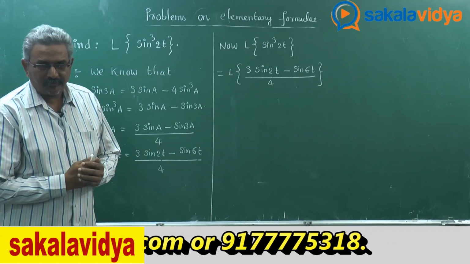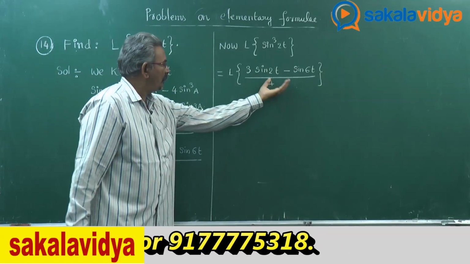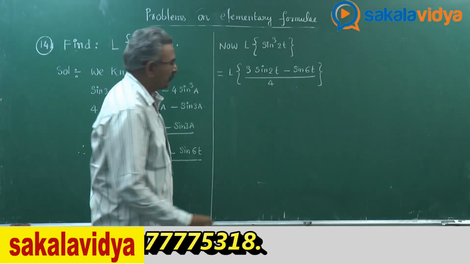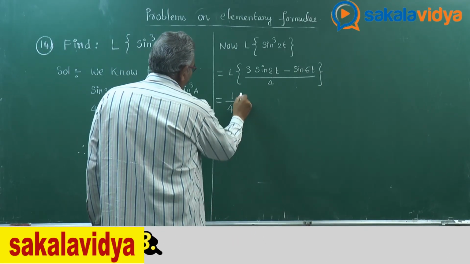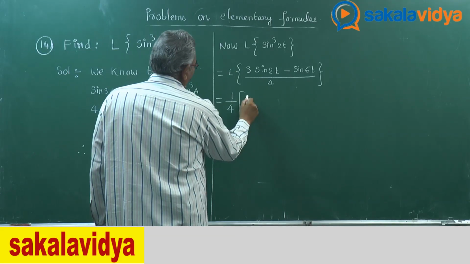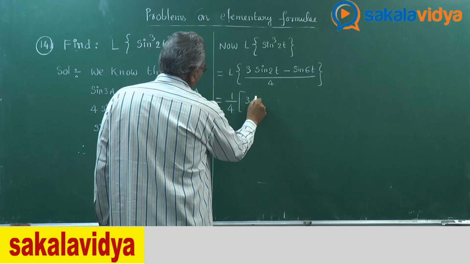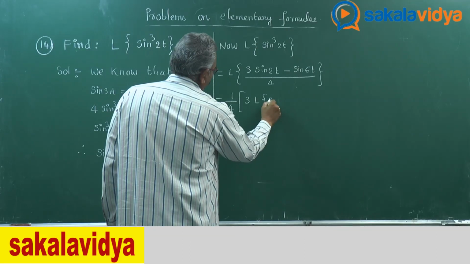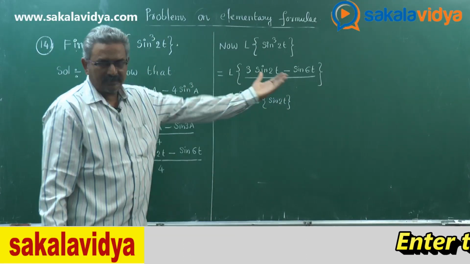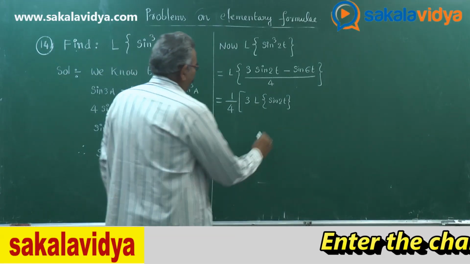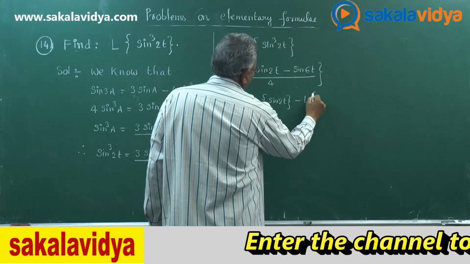Using the linearity property, this 1 by 4 shall be taken common out. This we can write as 1 by 4 times 3 times L of sin 2t. Okay, now you can expect the next step. The minus L of sin 6t.